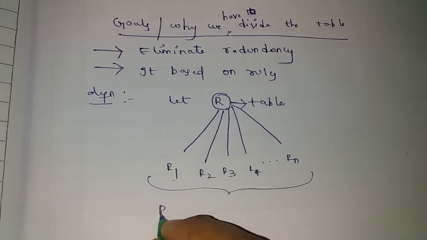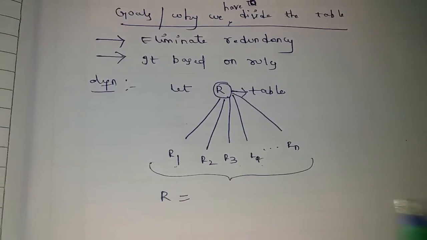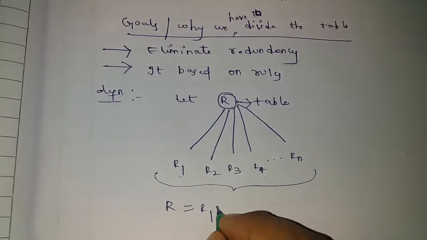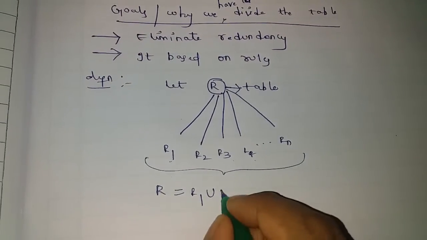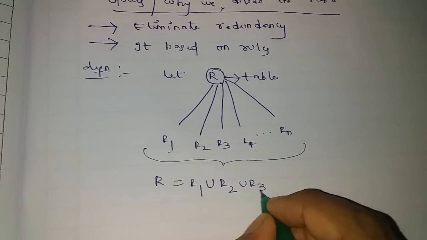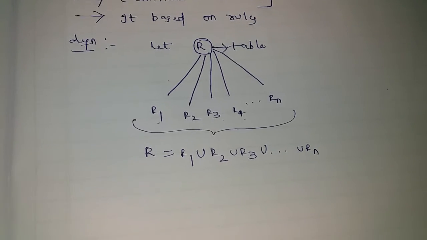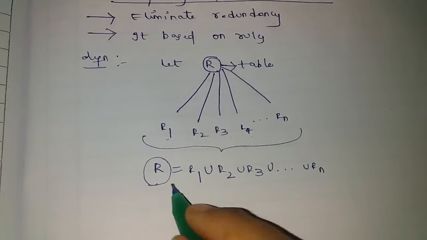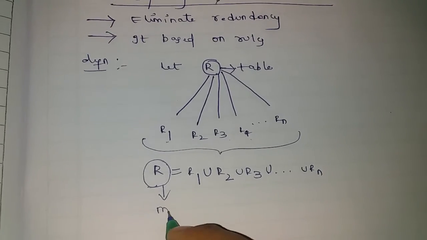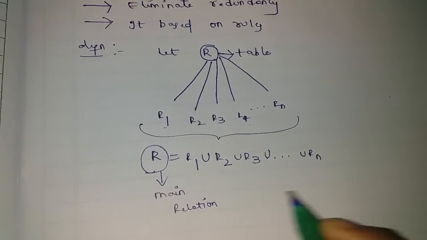We have to combine them. For example, R, the original table, equals R1 union R2 union R3 and so on up to Rn. Here R is the main relation, meaning the original table. A relation means a table.